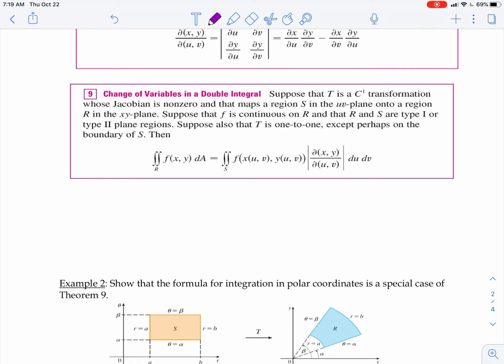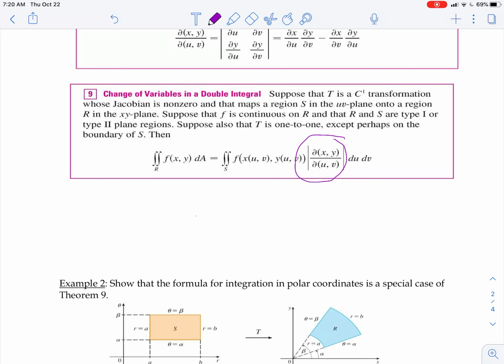Suppose also that T is 1 to 1 except perhaps on the boundary of S. Then when we do our u, v substitution for our double integral, it could be du dv or dv du depending upon how we bound the integrals, but we have to multiply by the Jacobian, the absolute value of the determinant of the partial derivatives.